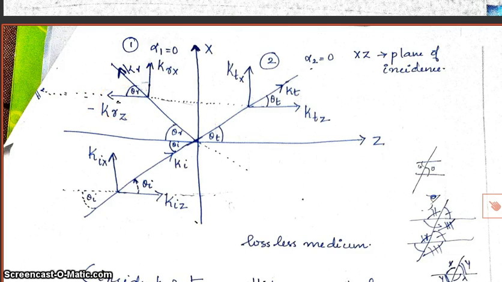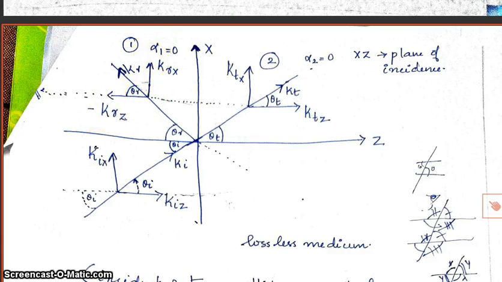It is exactly opposite. The perpendicular component, that is this component, will change its direction when it gets reflected. That is why here it is drawn as minus krz and here it is drawn as kiz, but the x components remain the same, only the z component is changing its phase.